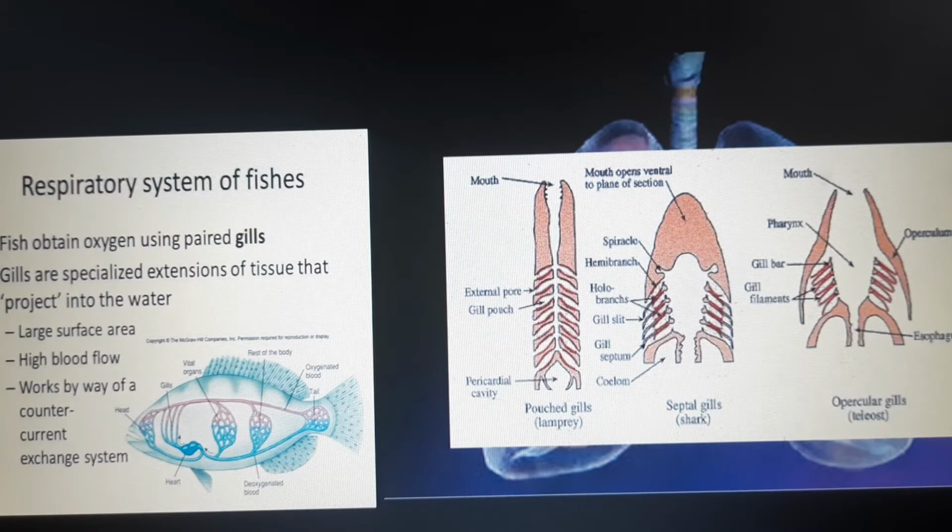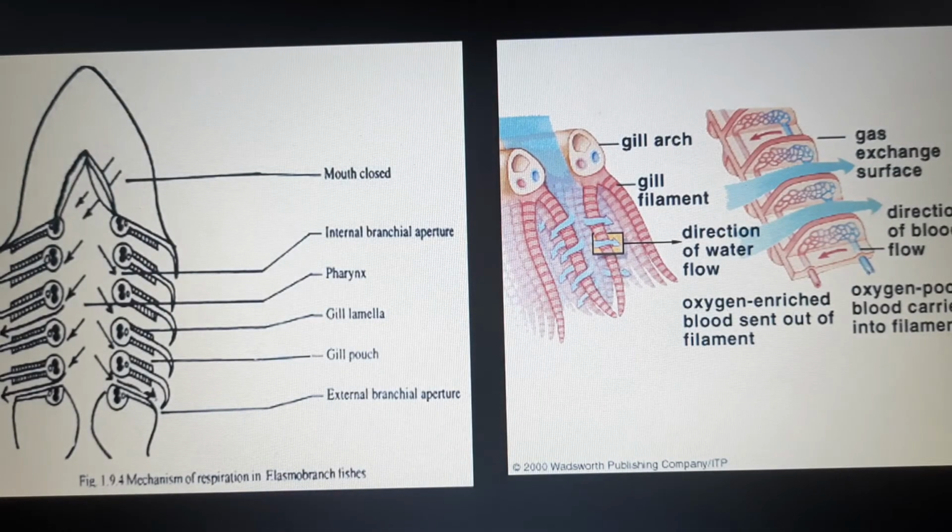The first embryonic arch, mandibular, lies between the mouth and the spiracle. The second, hyoid arch lies between the spiracle and the first gill slit, and successive gill arches are the first, second, third, and fourth branchial arches.